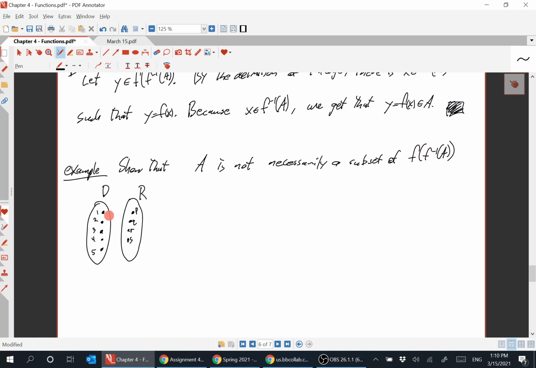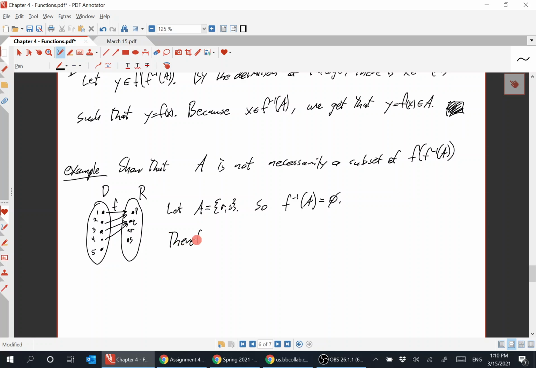Okay, so let's say that everything here goes to P, Q, but nothing goes to R and S. So here, let A be equal to little r, little s. So the pre-image of A is equal to the empty set.